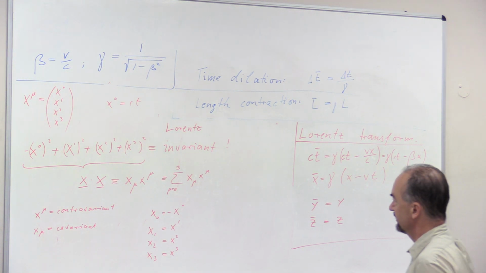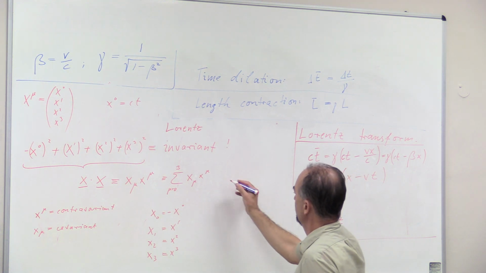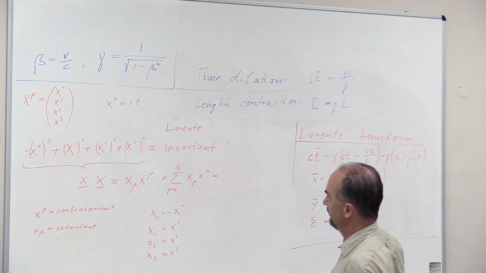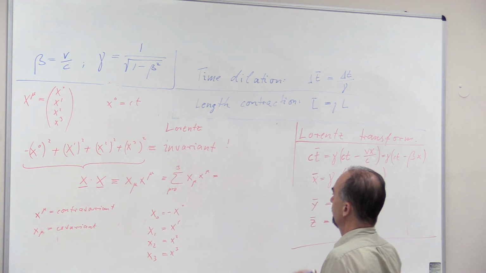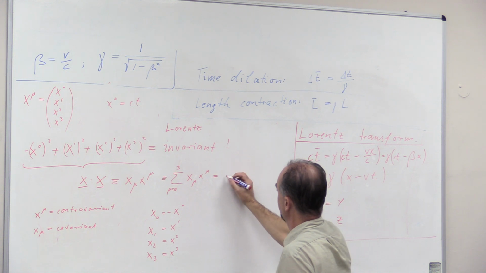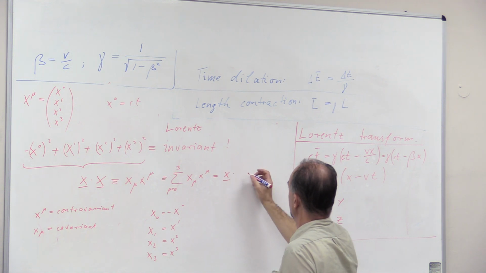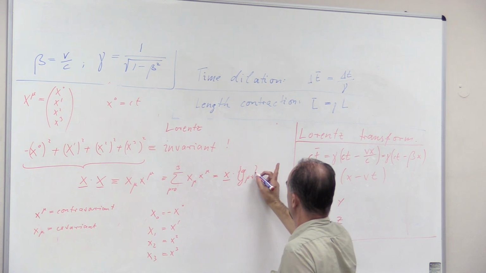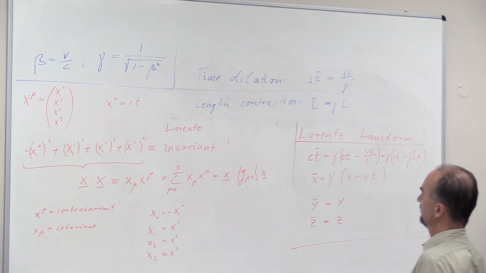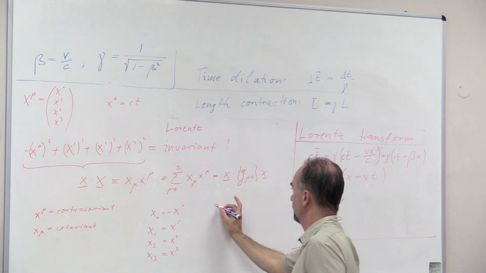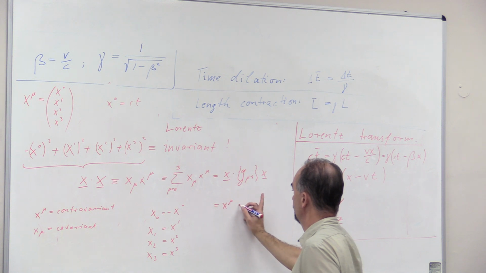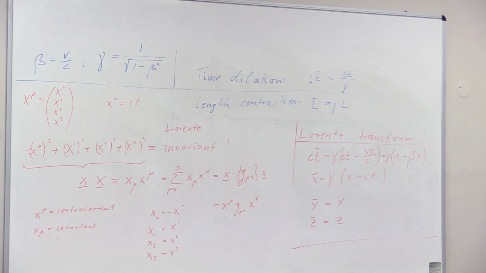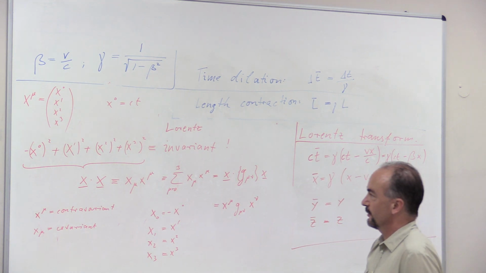We can write this 4-vector product also in terms of some kind of a matrix. So if we have x dot x, we can also write this as a 4-vector x dot some matrix, let's call that G mu nu, times another 4-vector. So call this x mu G mu nu x nu.